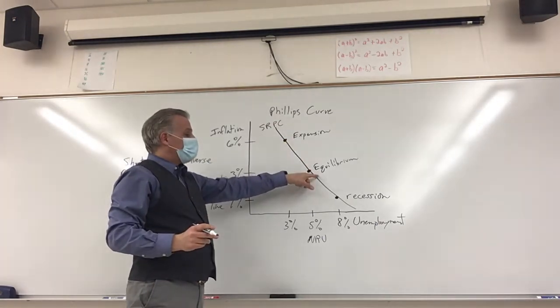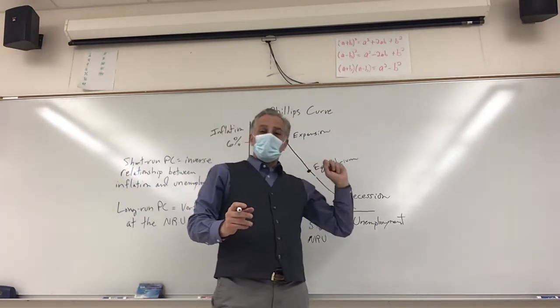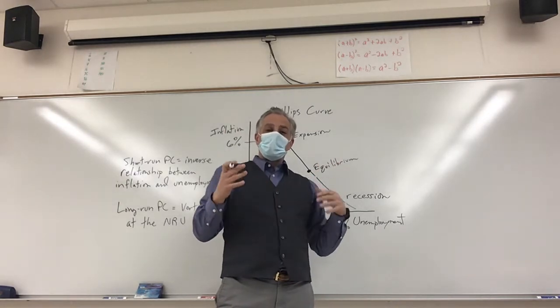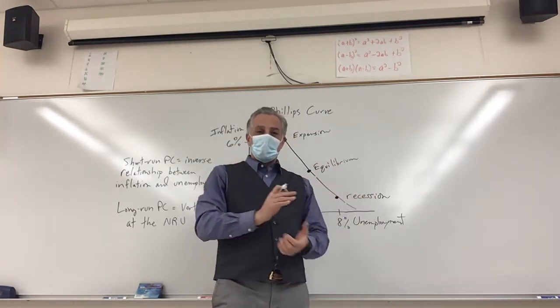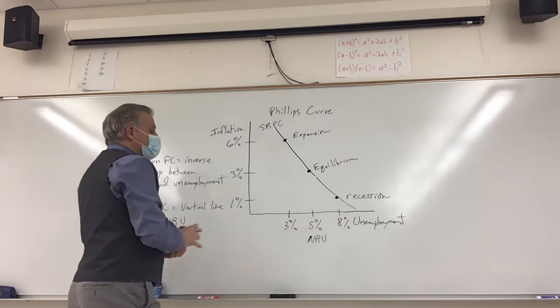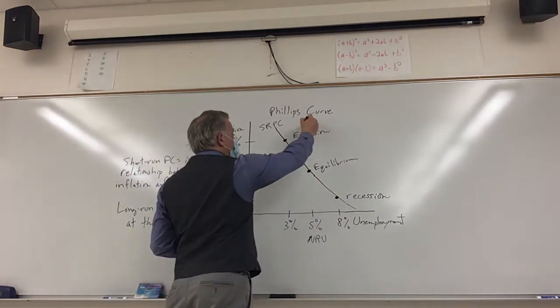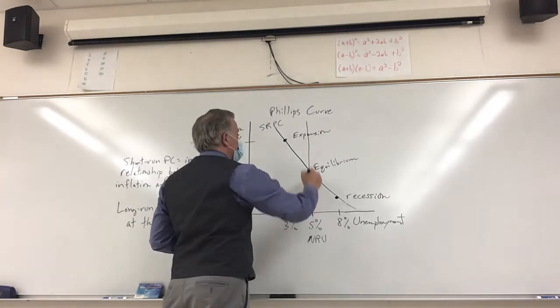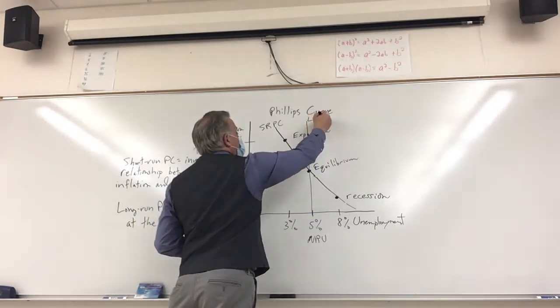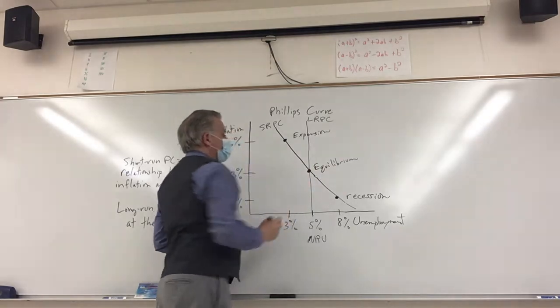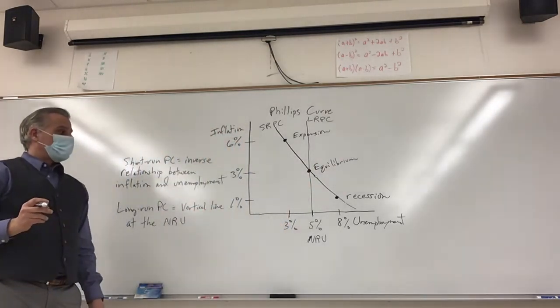Expansion, equilibrium, recession. Please don't do the Fenwick technique of remembering the saying and then forgetting what the letters represent. You should be able to understand that this is equilibrium, because if I draw in the long run Phillips curve, that's going to go right through the equilibrium there.